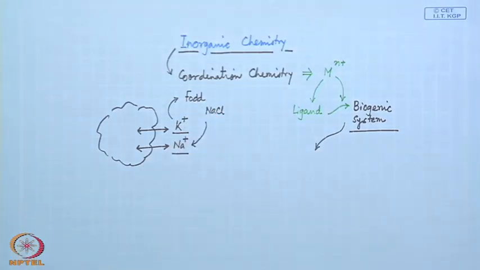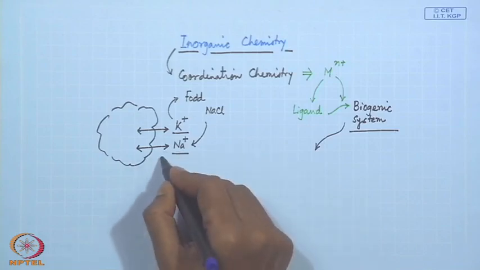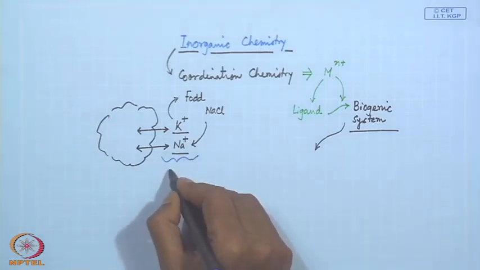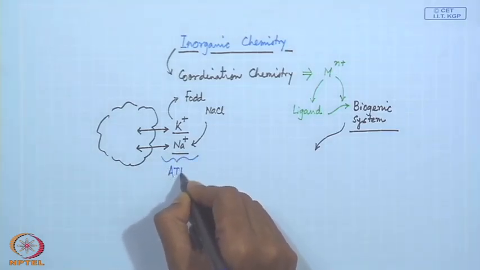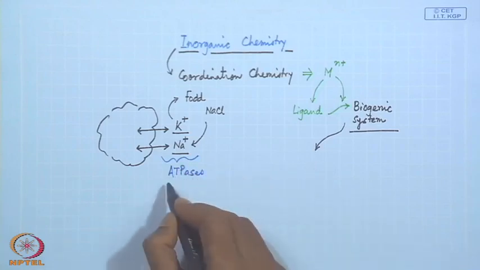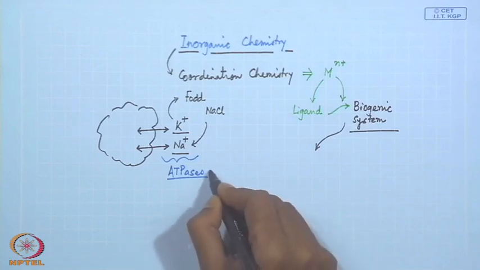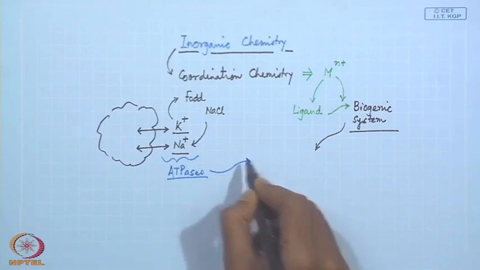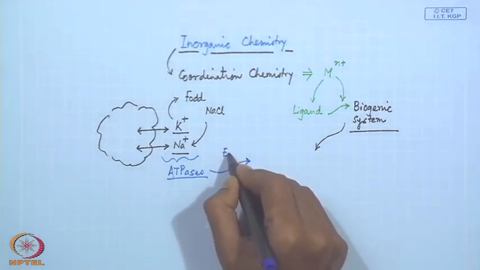It is coming from the food material and they are basically important in different ATPases, where ATP molecules are getting hydrolyzed to give rise to some amount of energy.